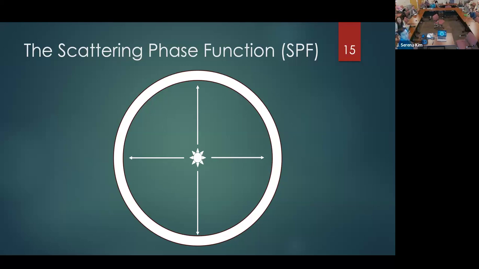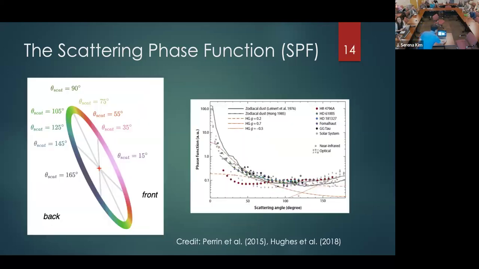Now, when it comes to what degree of scattering you see, all of the photons that reach you, the observer, have to deflect 90 degrees in order to see you. So that means that in your scattering phase function, and this is just a figure showing measurements of scattering phase function, in a face-on system, you're only ever able to probe 90 degrees of scattering angle. So this is all you see in a completely face-on system.